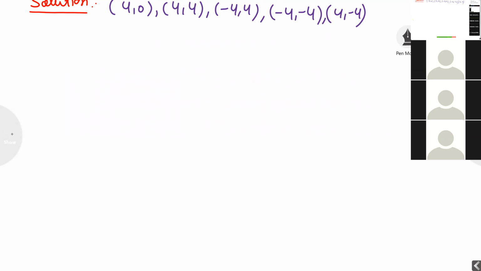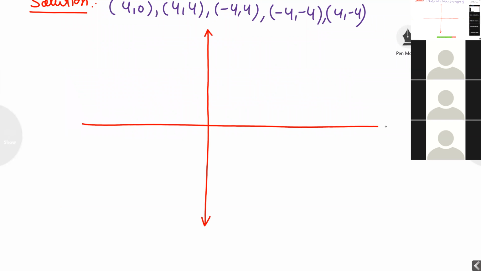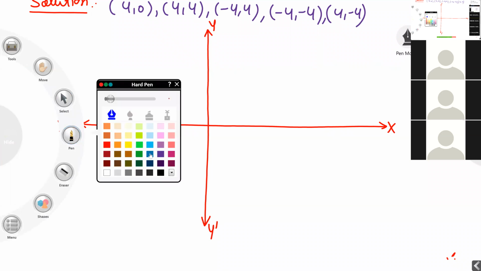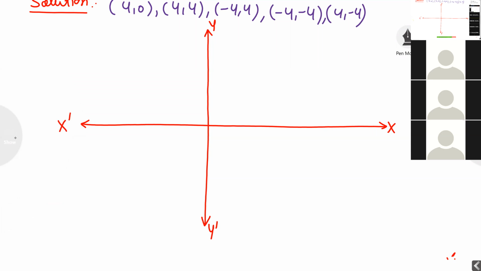Okay, I am going to plot all these points on the graph paper. Y-axis, x-axis. Plus x highest value is 4: 0, 1, 2, 3, 4.